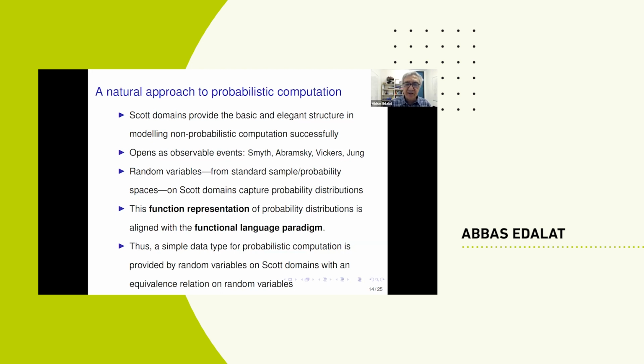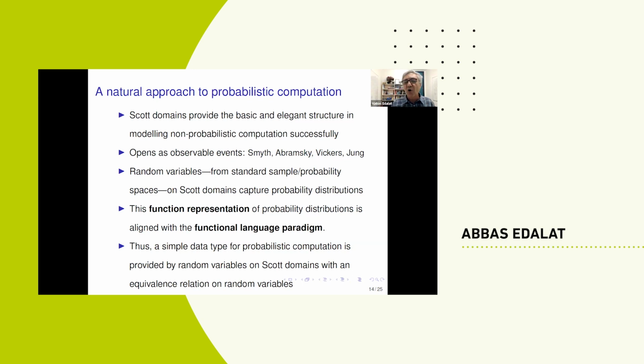And open sets as observable events or semi-decidable events were promoted by Mike Smyth, Samson Abramsky, Steve Vickers, and Achim Jung. Vickers has this famous book, Topology via Logic. Abramsky has this famous paper, Domain Theory in Logical Form.